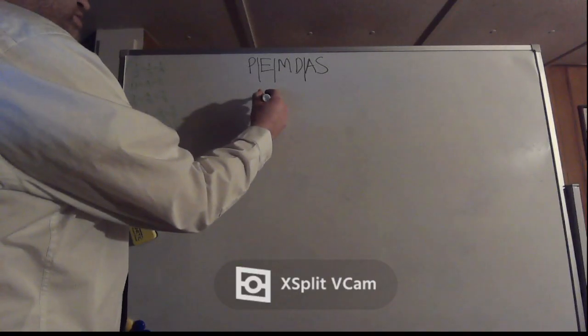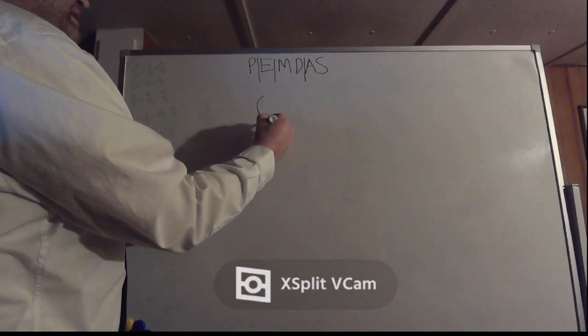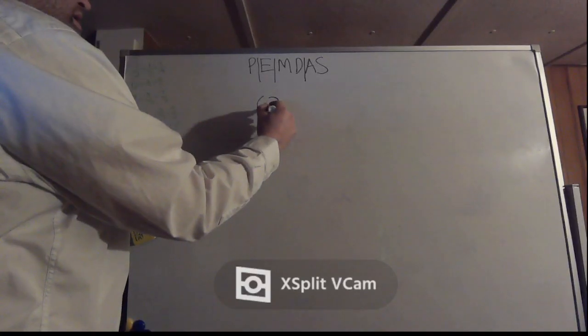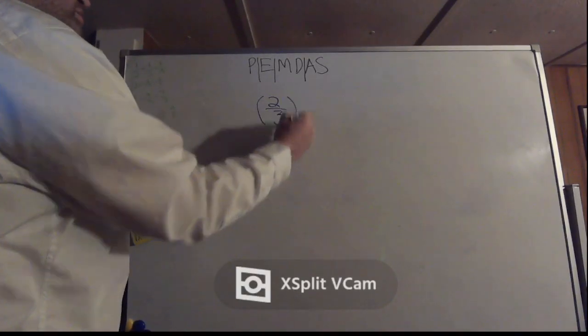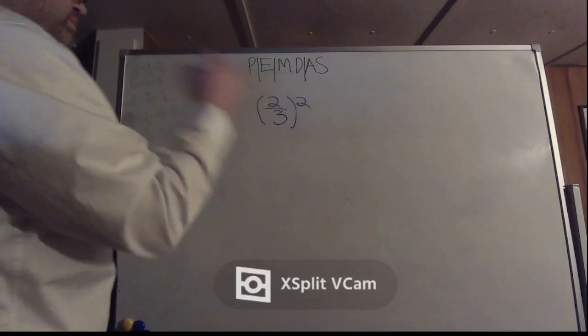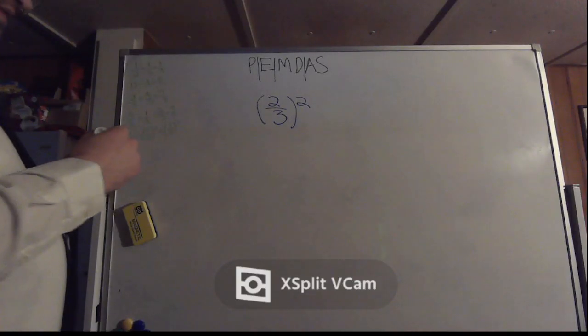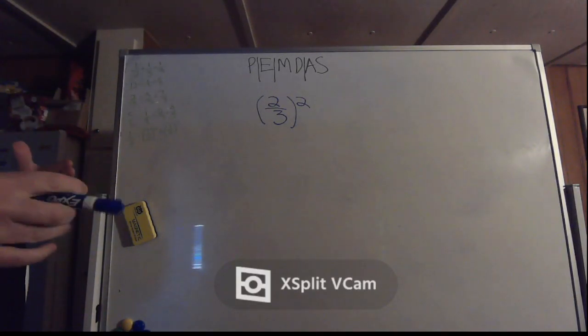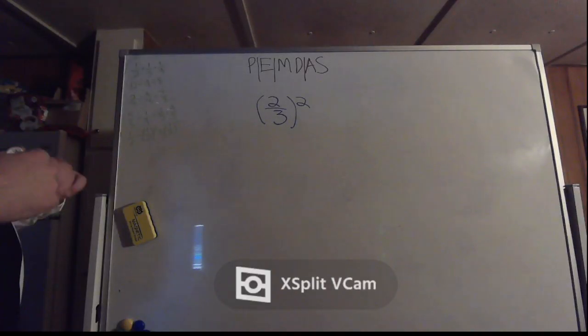Also, I want to introduce something. Let's say I have a fraction raised to a power. So we've dealt with exponents already with whole numbers. Now we're dealing with exponents with fractions.